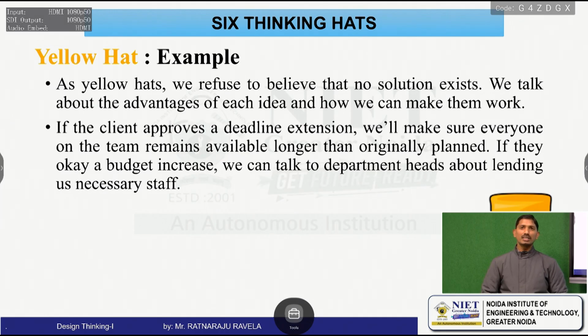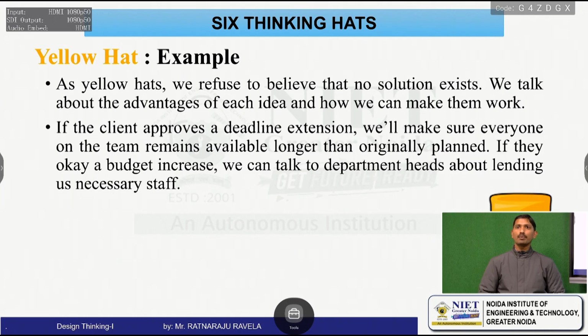The same example as I explained. When the client said he wants to change the color design of that website, as a yellow hat, we refuse to believe that no solution exists. We always see that a solution exists. We talk about the advantage of each idea, how we make them work.